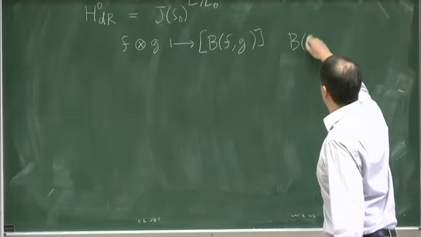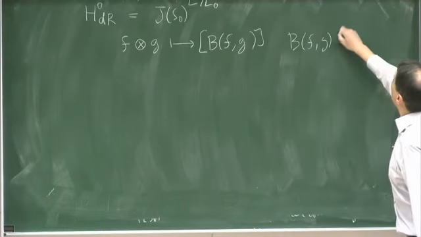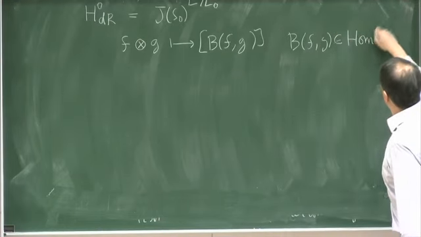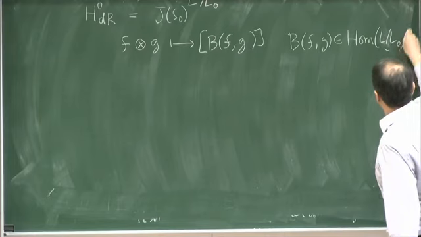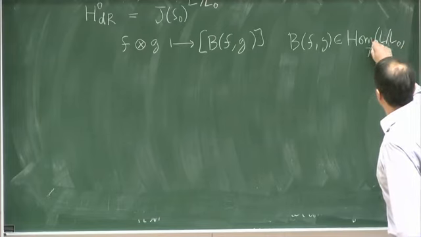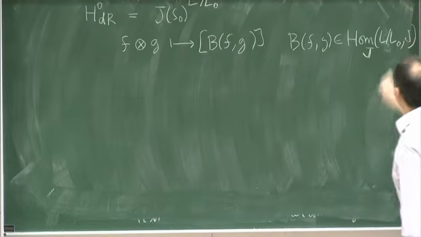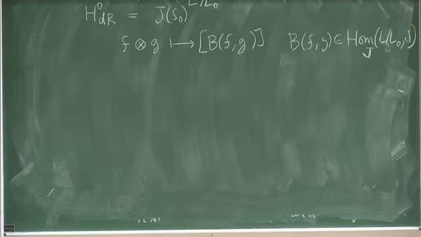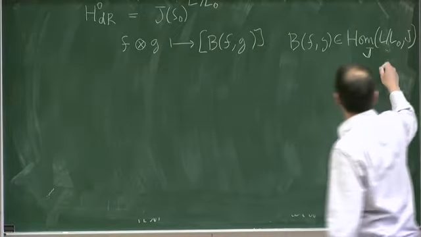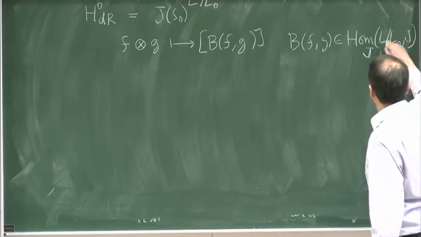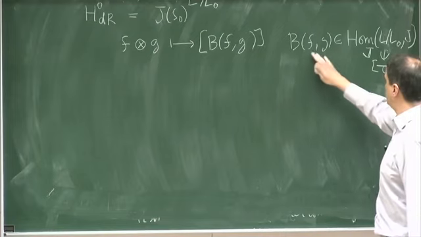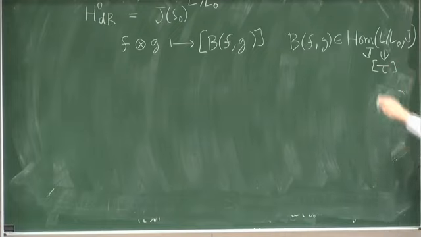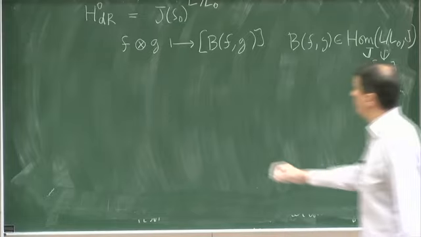B(f,g) will be a cocycle in Hom of G, which is L mod L0, to the Jacobian ring. So let me give this map. Here we'll have the class of some vector field tau, and let me explain how to construct B(f,g) applied to tau.